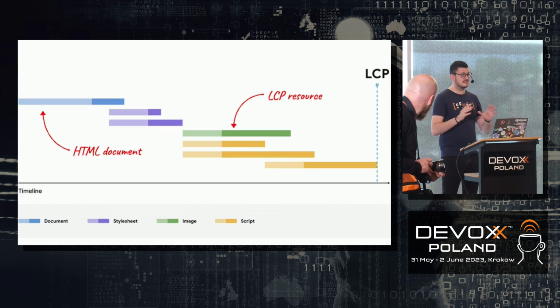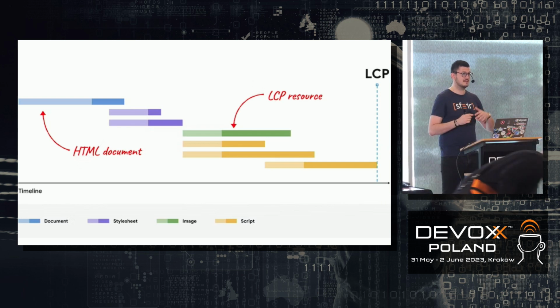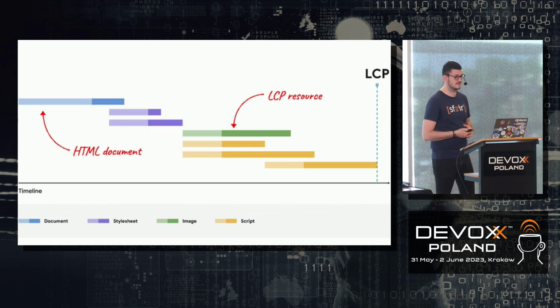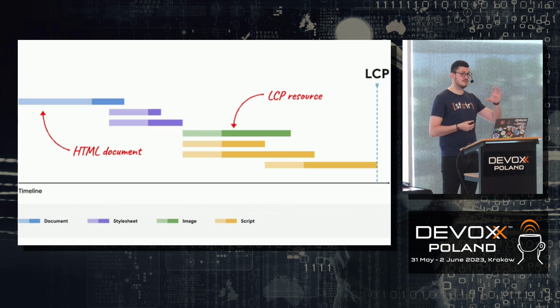When all this stuff is done, and the biggest block of text or the largest image is rendering, you obtain the LCP score. So there are a lot of things that impact the LCP.